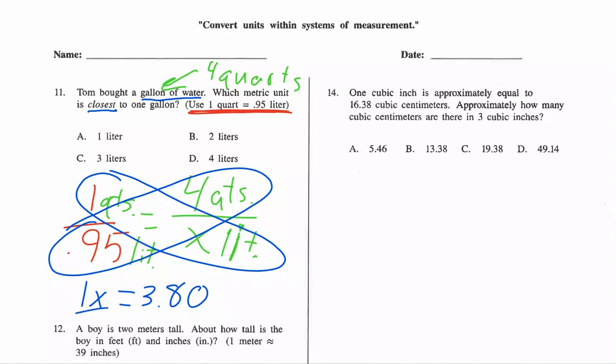Well, then to get rid of my 1, I just divide by 1, and I get X equals 3.8 liters. Well, out of all of these we look through, 1 liter is not close enough to 3.8 liters. 2 liters, still not close enough. 3 liters is 0.8 liters away, but 4 liters is only 0.2 liters away. So my answer is 4 liters.